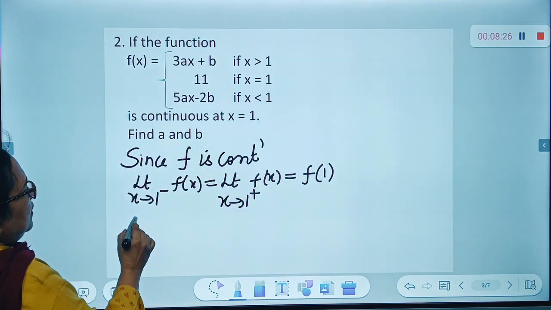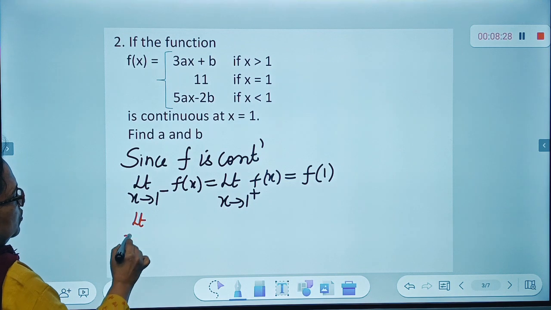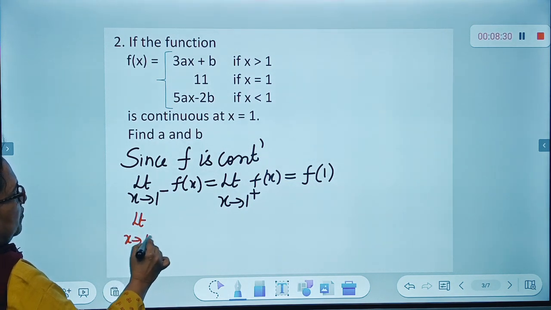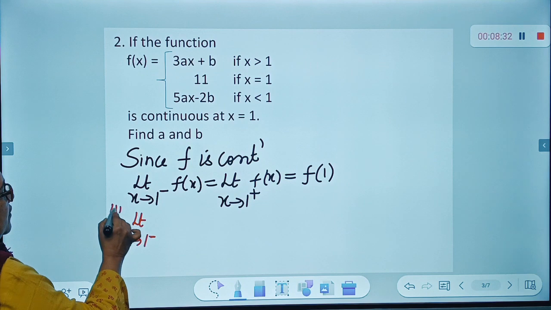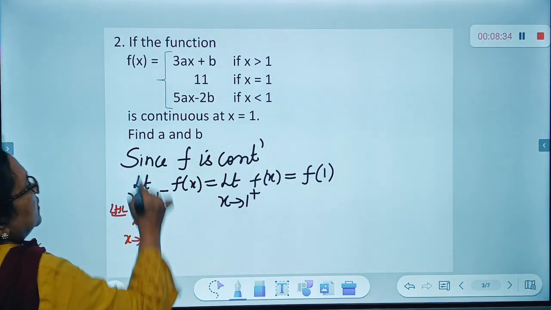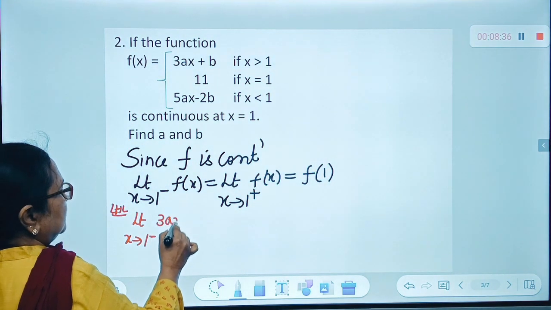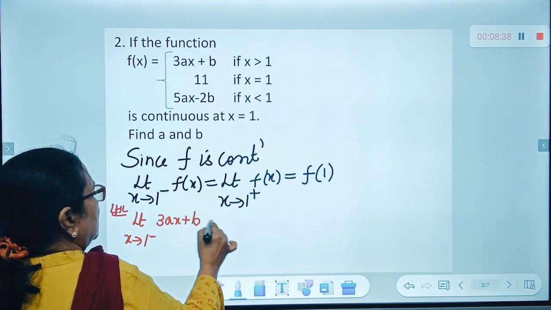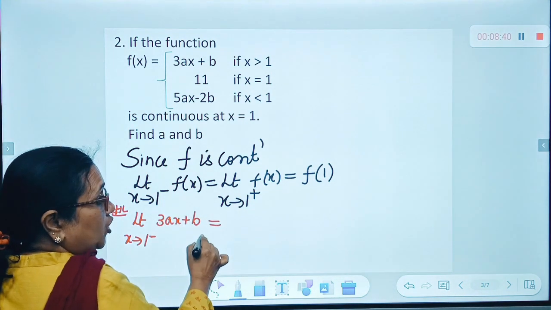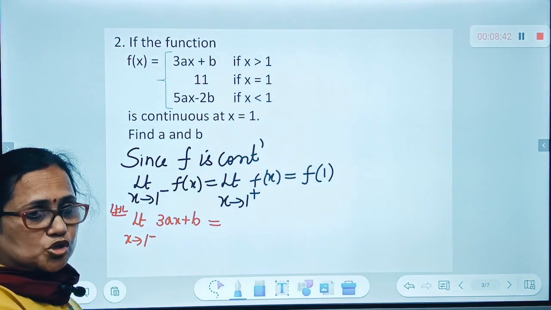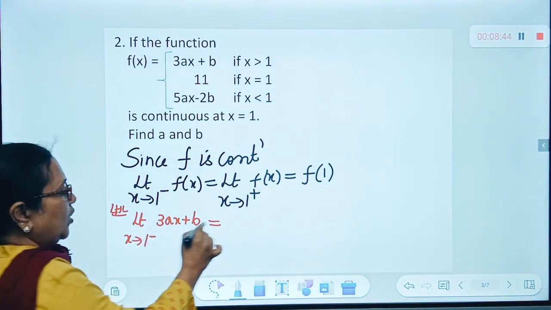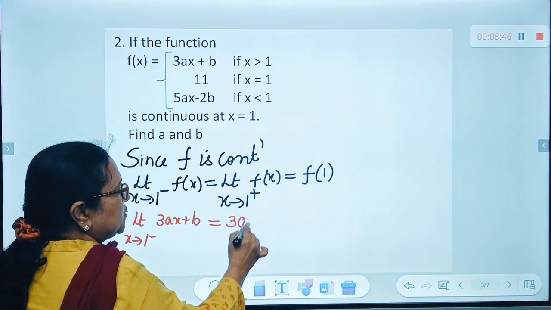That will be limit x tends to 1 minus of the left hand limit, 3ax plus b. Now this is a polynomial. How do you find the limit? By substitution. So when I put x equal to 1, I will get 3a plus b.